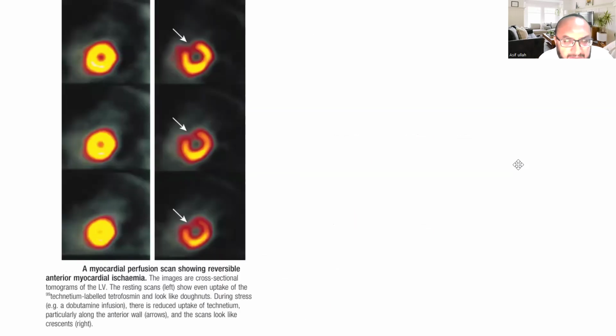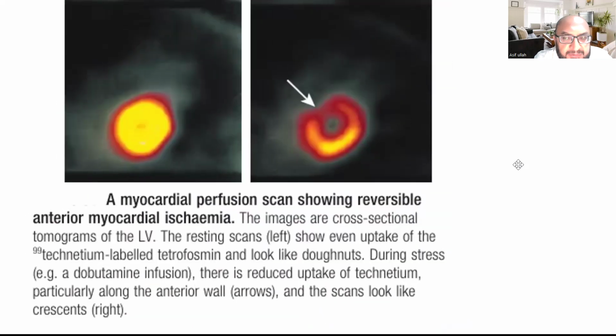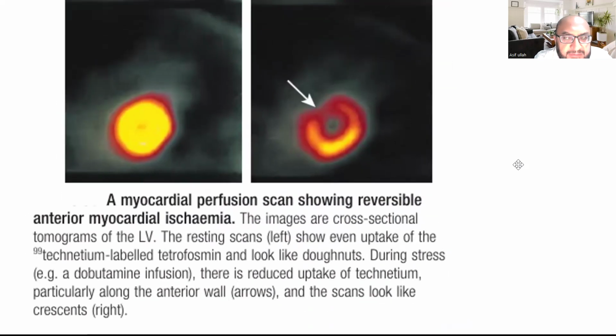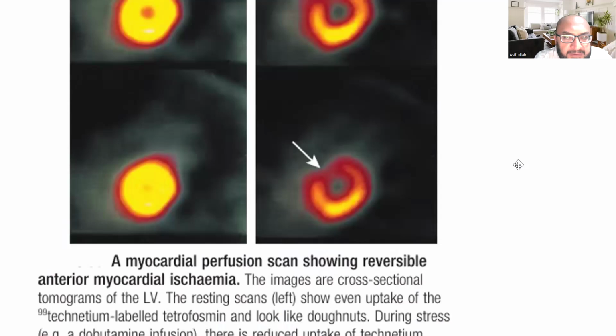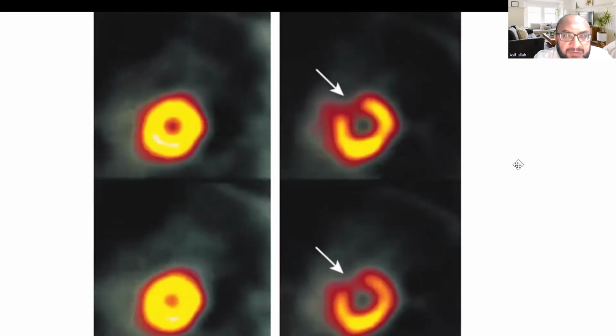This is a myocardial perfusion scan showing reversible anterior myocardial ischemia, a cross-sectional image of the LV. The resting scans on the left show even uptake of the tracer technetium 99 labeled tetrofosmin, and these look like beautiful donuts.